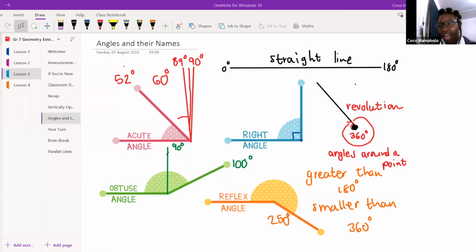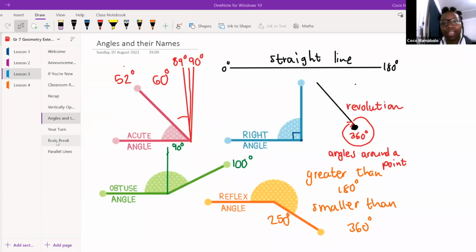Okay, excellent. Mahlohonolo, if you don't catch everything, it's okay. At the end of the lesson, you can always ask me to go back and then you can take the screenshots that you need. Excellent. Yes, and we measure angles using a protractor. I'm seeing Mahlohonolo say yes, we use a protractor.